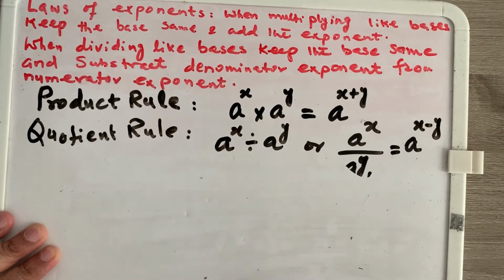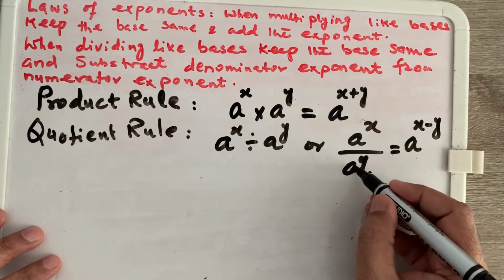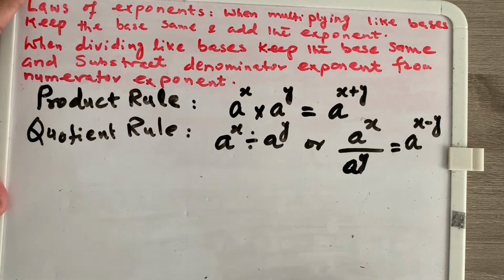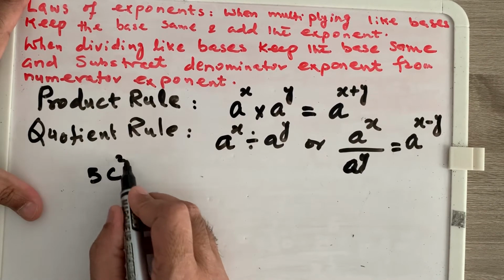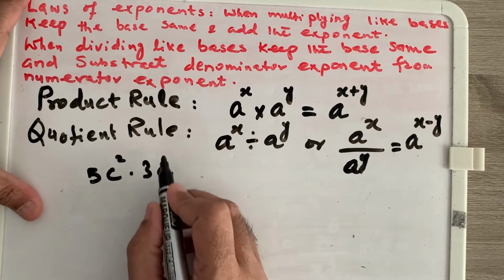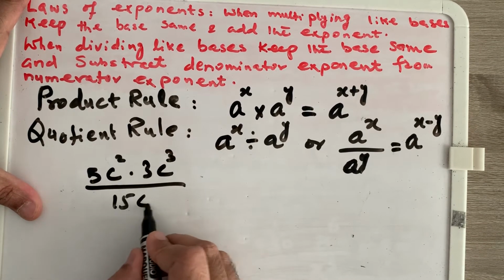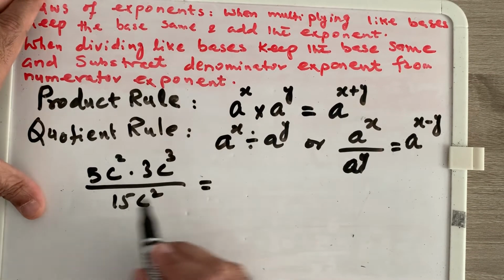So let's see how to deal with the powers, right? So this was a to the power y. So if I have something like 5c squared times 3c cubed divided by 15c power 2. What do I have to do? I have to deal with the numbers.